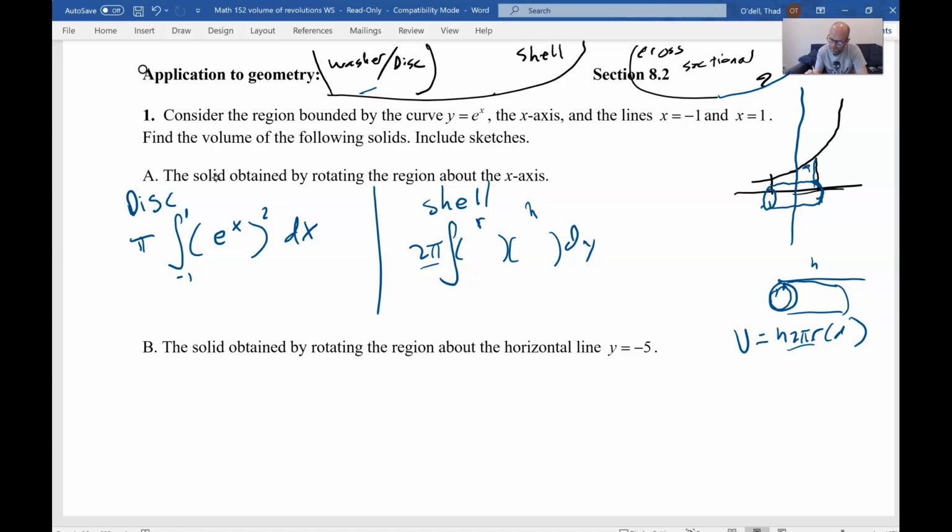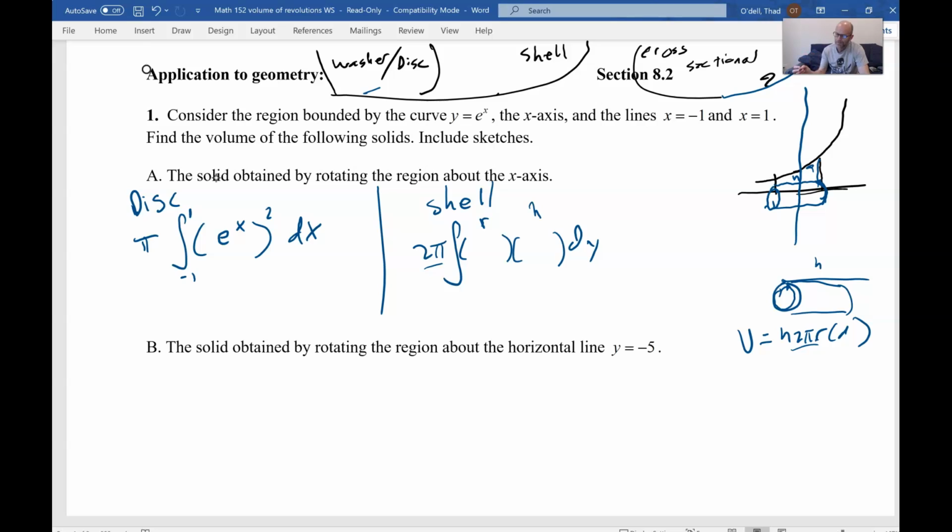Notice the height is right here, and the radius is right there. That was really poorly drawn, let me do a better job of this. I made it too big. There we go. Okay, so the radius is just the distance. Notice the radius is just y, right?